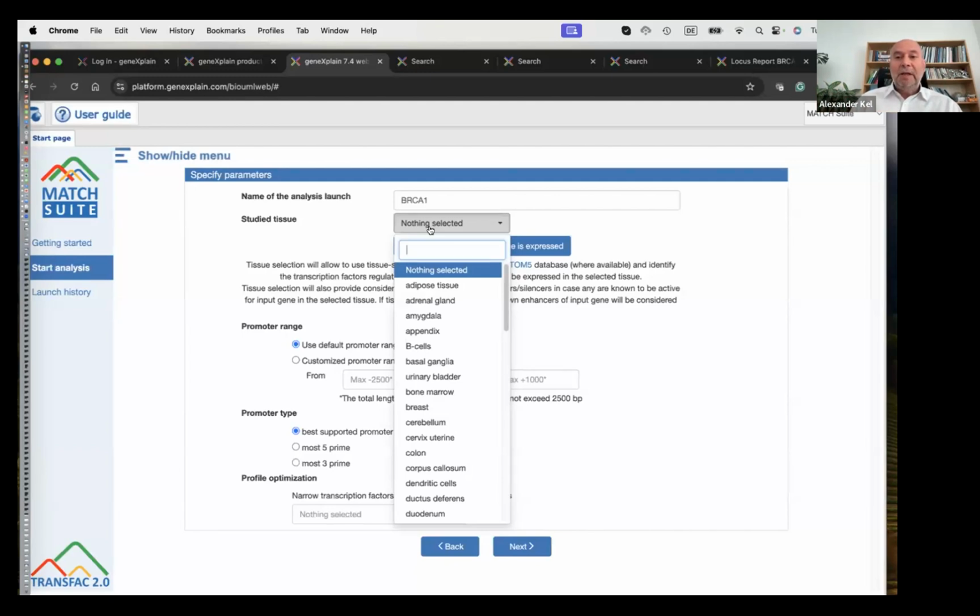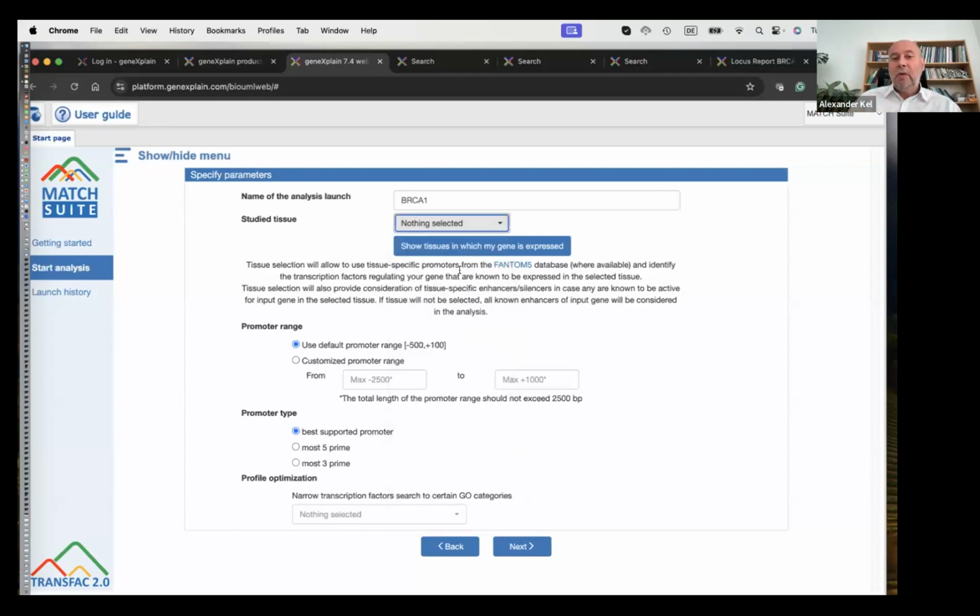But here we pay attention to specific factors. So when you select a tissue, you may get a different result in one tissue than in another tissue. You can also go without selection. In such a case, you will basically apply all the list of matrices and consider the full potential of that promoter area to regulate the gene.